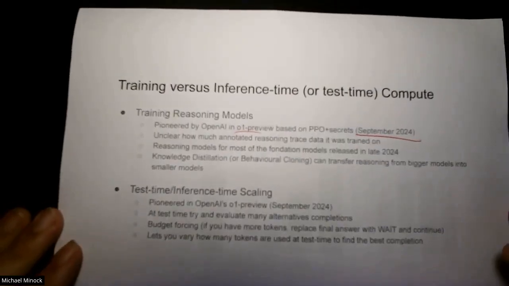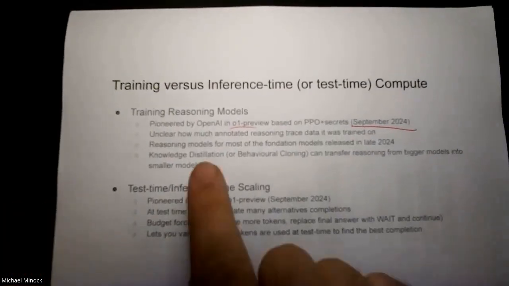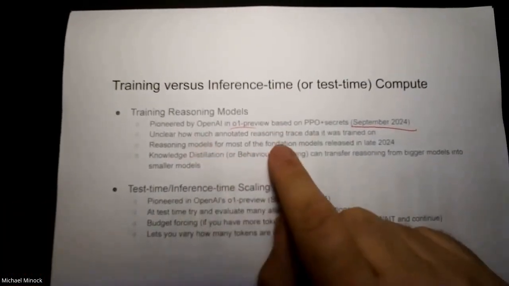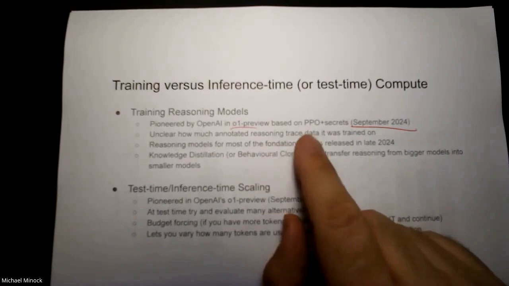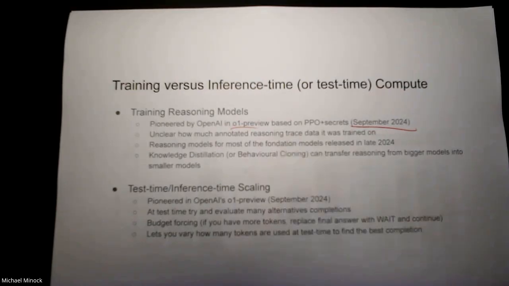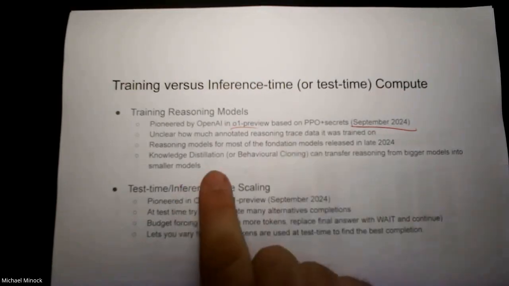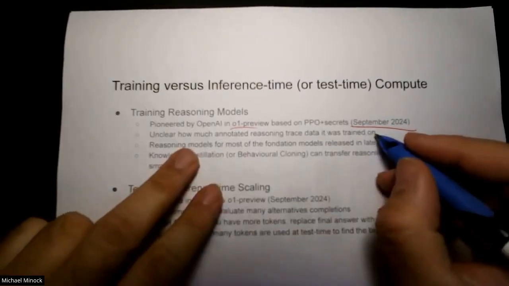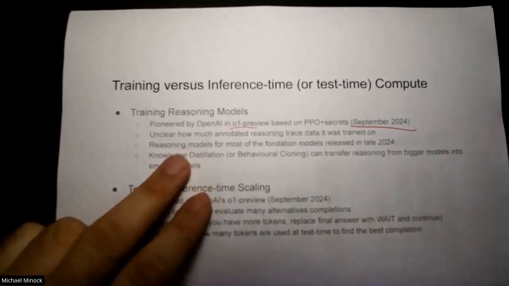Of course they're private, so it's unclear how much annotated training trace data it was trained on, but probably a lot, since they've already been collecting that kind of data, showing the patterns of reasoning. But of course we didn't know how it was really doing it.